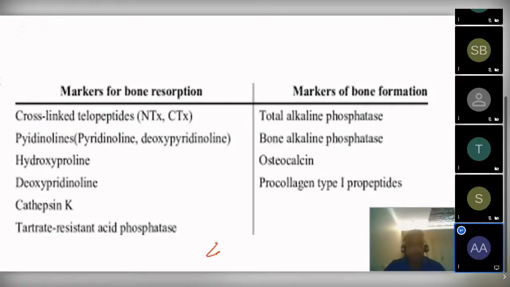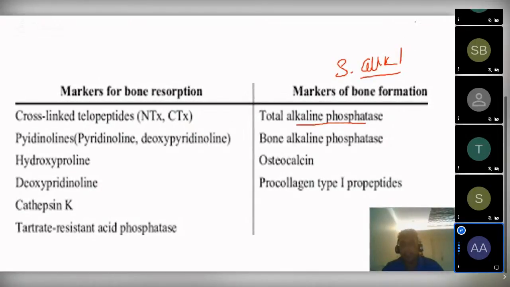Okay, listen. So where I was. You please remember markers of resorption and markers of bone formation. We'll start with bone formation markers, which I think you will easily remember. So alkaline phosphatase. Many labs will just check serum alkaline phosphatase.